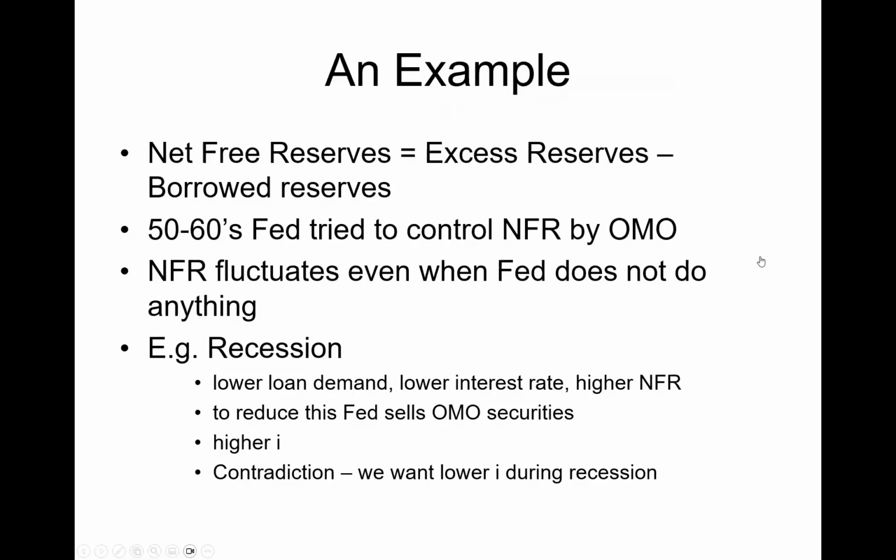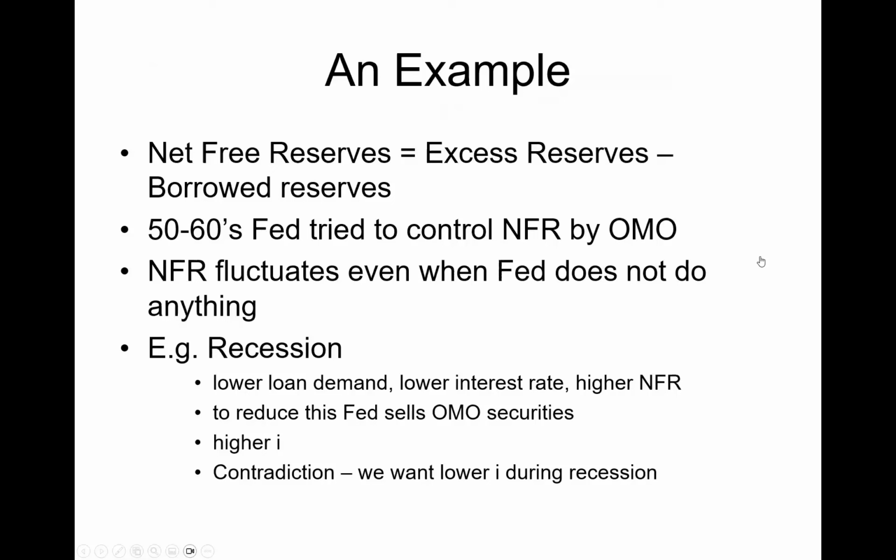Now, net free reserves is essentially excess reserves minus the borrowed reserves. So in the 50s and 60s, let's look at net free reserves as extra cash lying in a bank. In the 50s and 60s, the Fed tried to control this by open market operations.